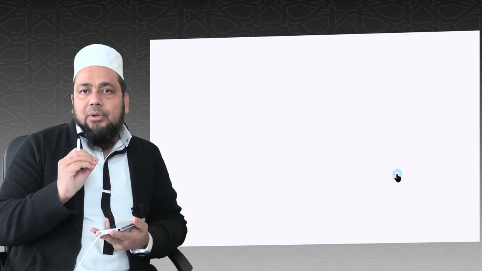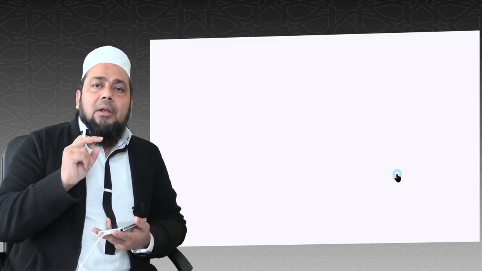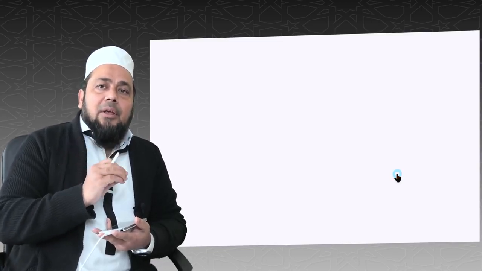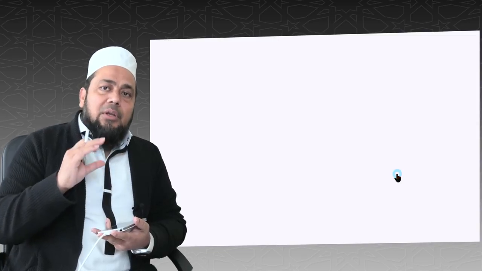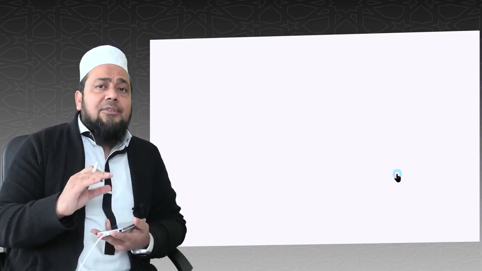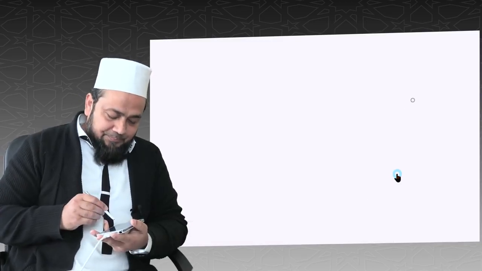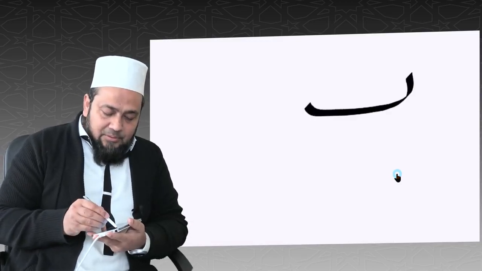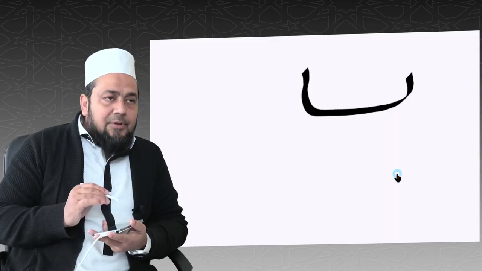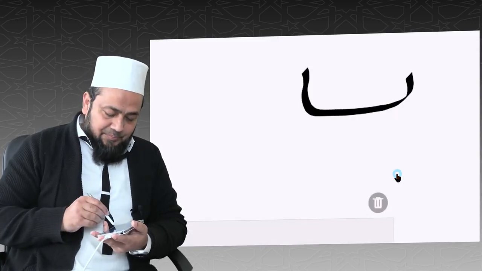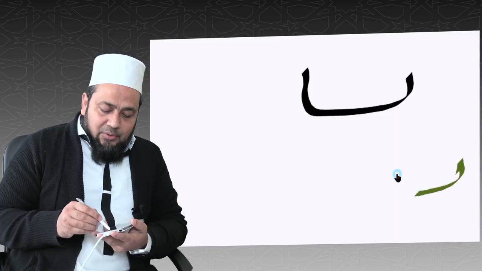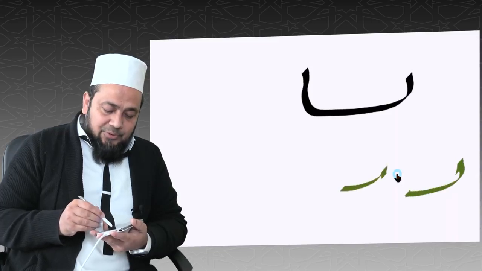I'm going to show you the next letters Ba, Ta and Tha together because these three letters are exactly the same. Let me show you how. This is a standalone shape. Beginning of the word shape is this one.